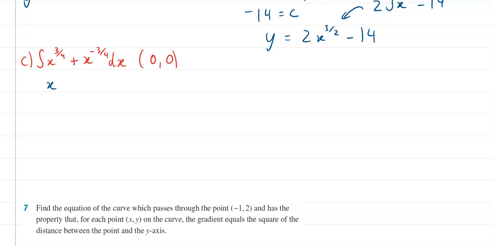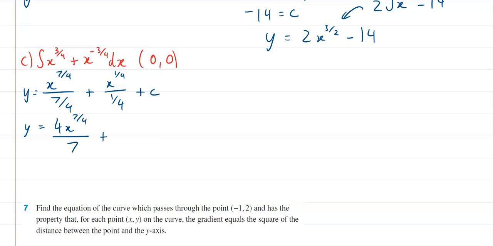So here I'm just going to add 1 to both powers. So that's going to give me 7 over 4 divided by 7 over 4. And this will become adding 1, so a quarter divided by 1 over 4 plus c, and y equals. Let's just do a little bit of neatening up. So that's going to become 4x to the 7 over 4 over 7 plus 4x to the quarter plus c.